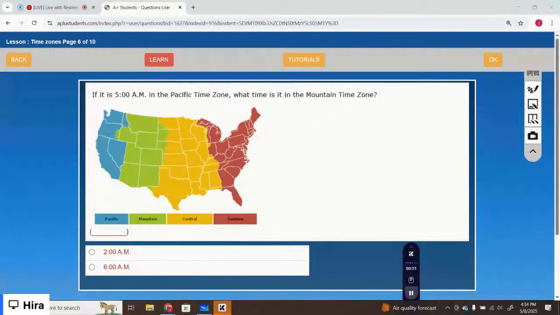So then that would be 6 a.m. It's 5 a.m. in the Pacific, so that is 6.